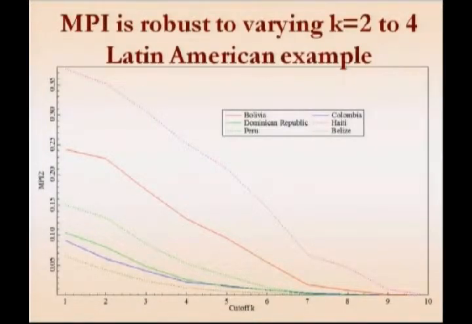For example, in Latin America, there seems to be more of a dominance between the Latin American countries, with Haiti being the poorest, followed by Bolivia, and then Belize, Dominican Republic, Colombia, and Peru.